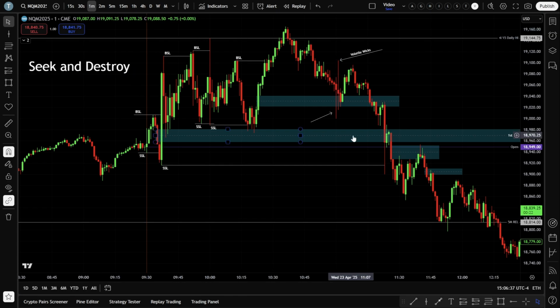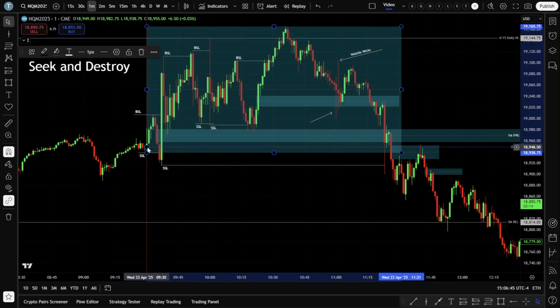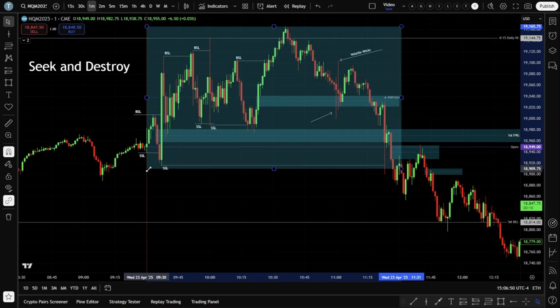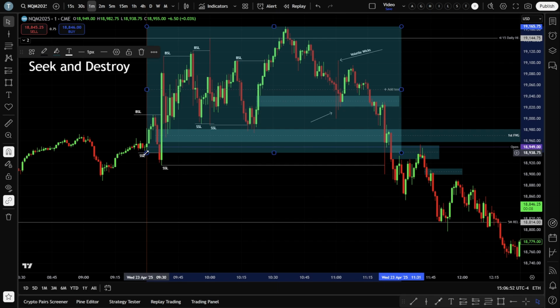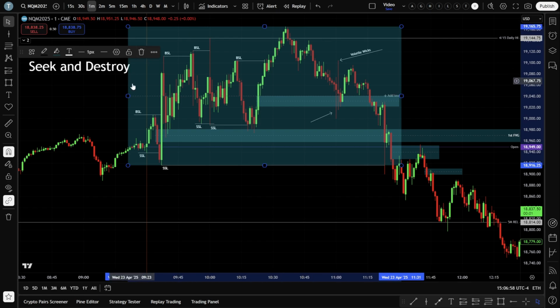So all of this price action here is not anything you want to be trading. All of that is very low probability trading.